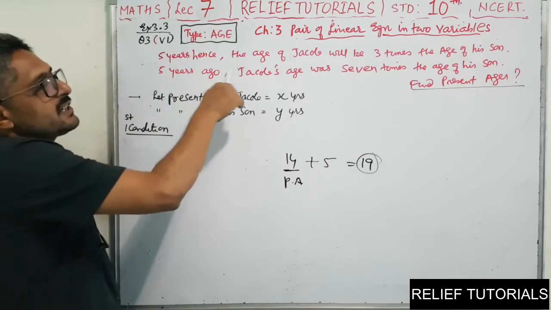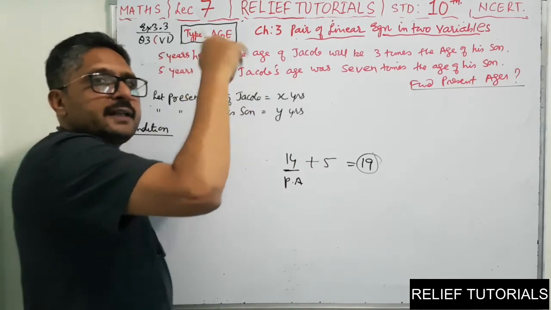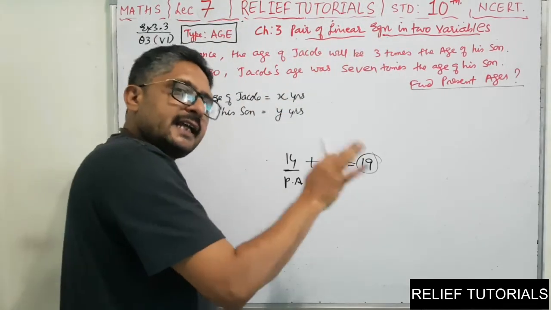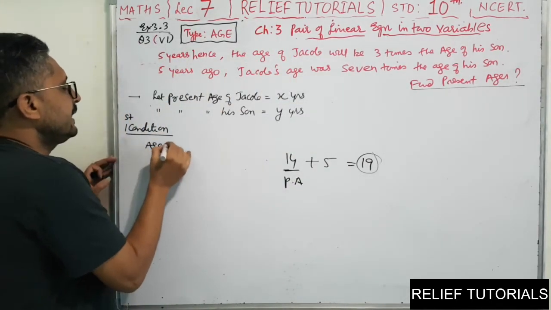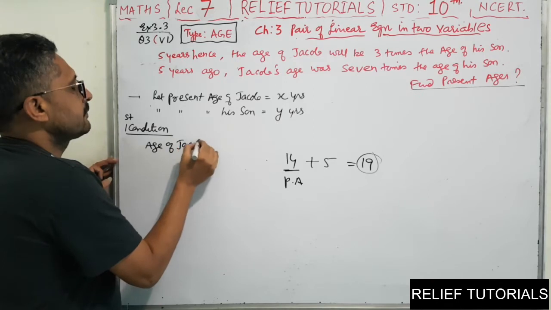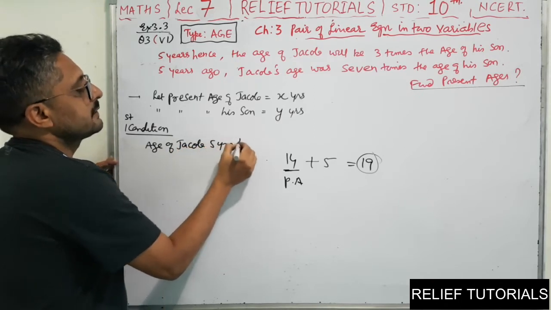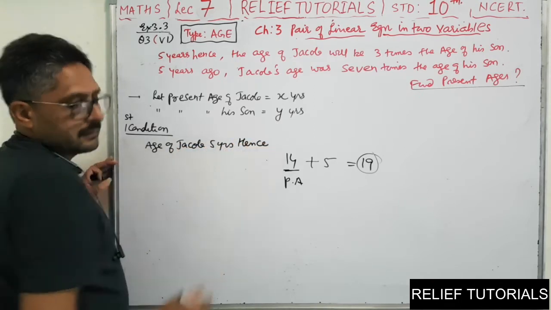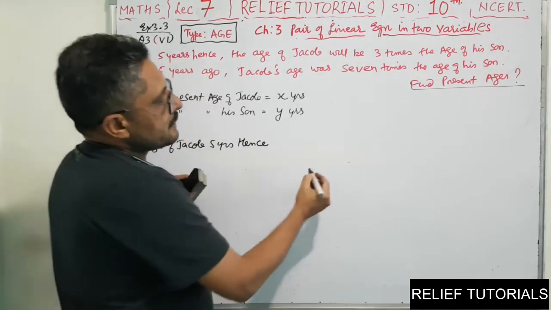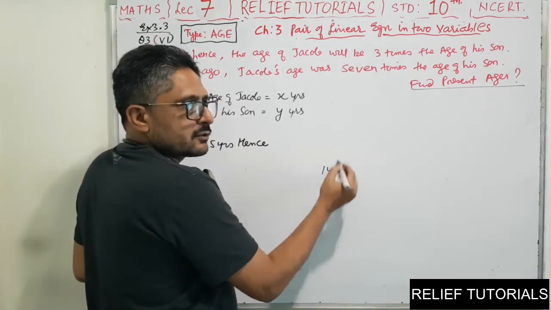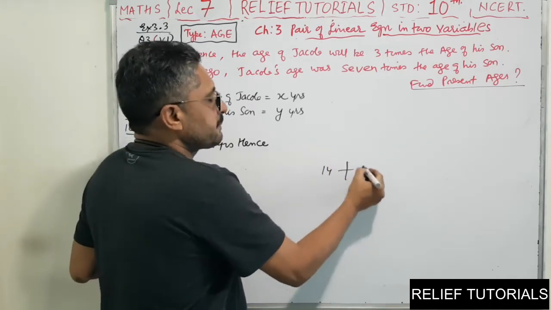So this is the condition related to 5 years hence. First we will find the ages of that period. So the age of Jacob 5 years hence. Your present age is 14, so what will be your age after 5 years? You will add 5.